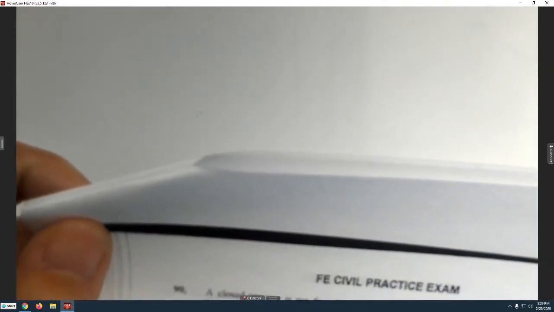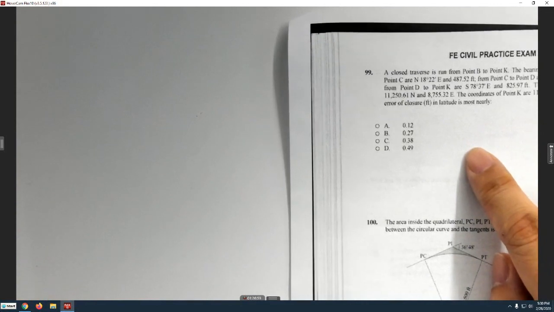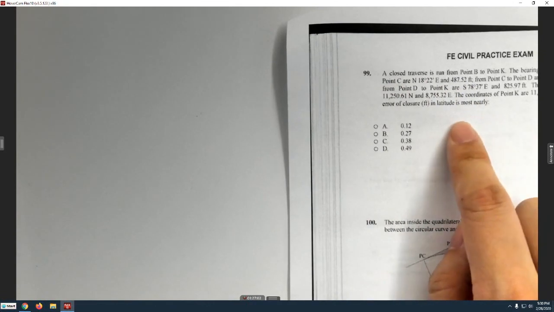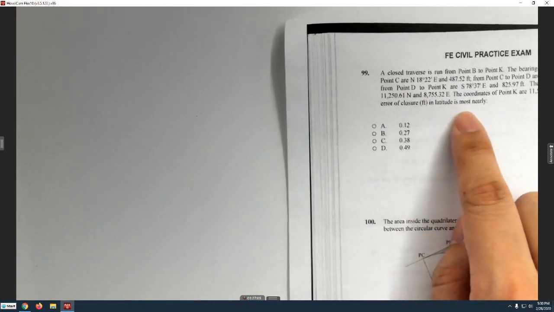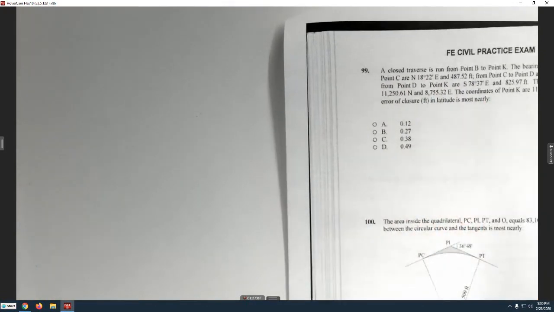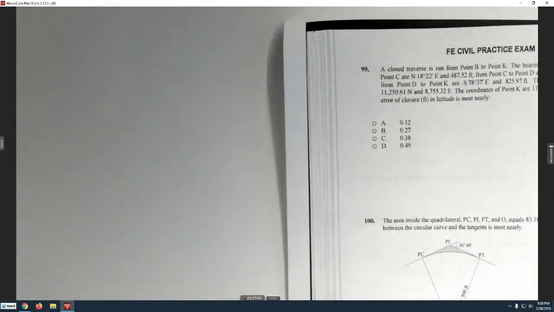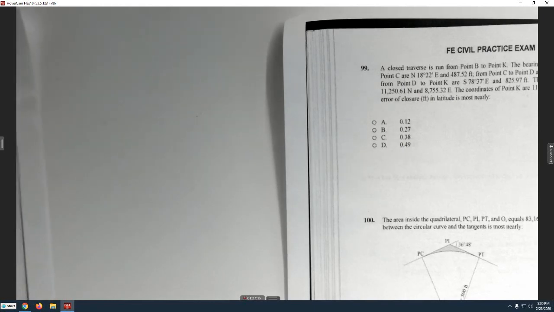And then 99 is a closed traverse, the area of closure. This is also overkill. It's not even in the reference book. Never mind.